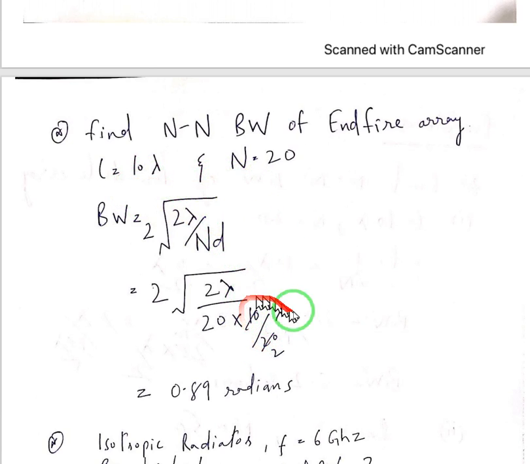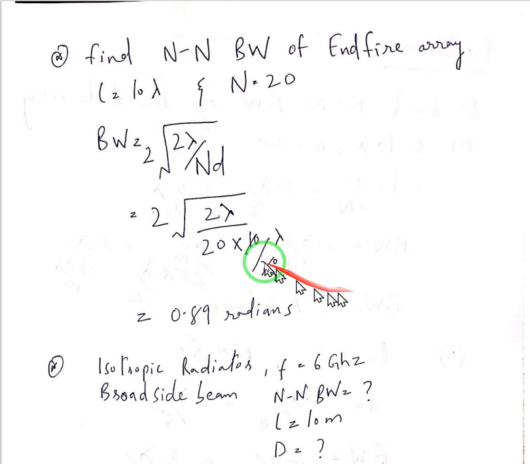We put it directly into the beam width formula. We have n as 20. After solving the equation, it has the value of 0.89 radians, which is a very reasonable and good value. So the beam width for this particular array antenna is 0.89 radians.